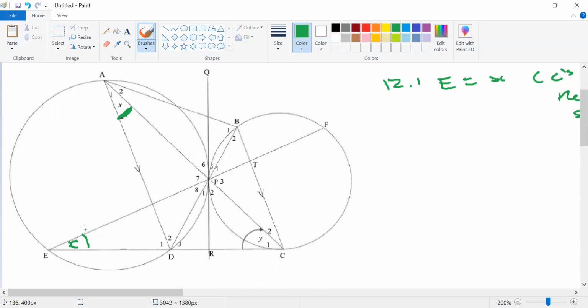I have tangents as well, and that's going to kind of help me. Let me see if I can use that to my advantage. We can see that we have angle P1 right here, which is this angle right there. And that angle is actually forming with this chord right there.